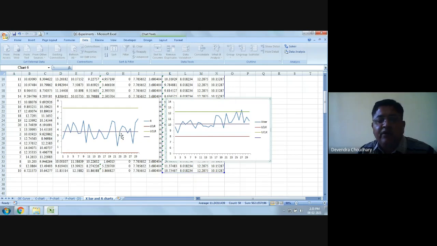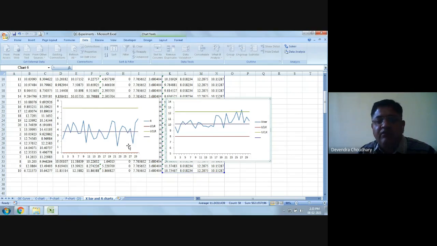Whenever variability decreases, you see that on the X bar chart, points will fall on both sides of the center line, but they will be very close to the center line. But on the R chart, they will fall below the center line.